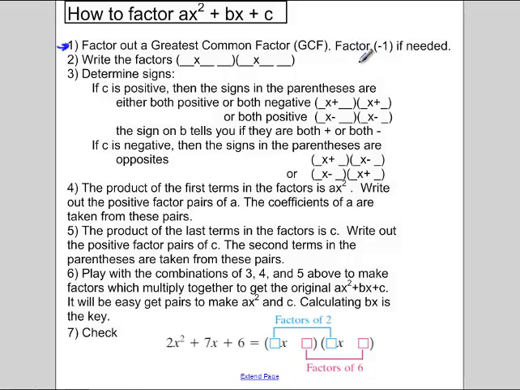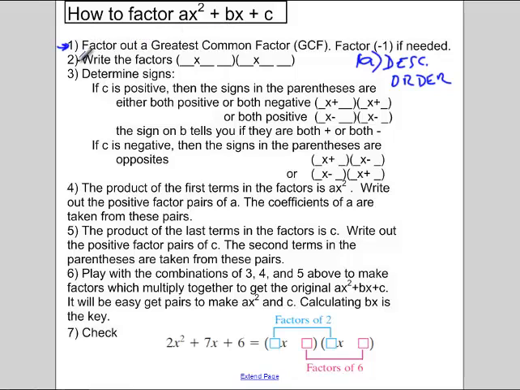And step 1a, I guess, is to make sure that we have all the terms in descending order. So there's my step 1a. All right. So greatest common factor, factor out a negative 1, put it in descending order so that it's in the format of ax squared plus bx plus c. In descending order means that you pay attention to the exponents, 2 and then 1 and then 0.